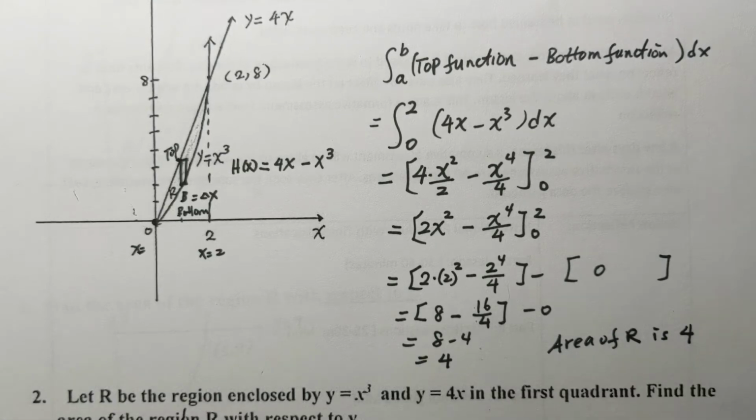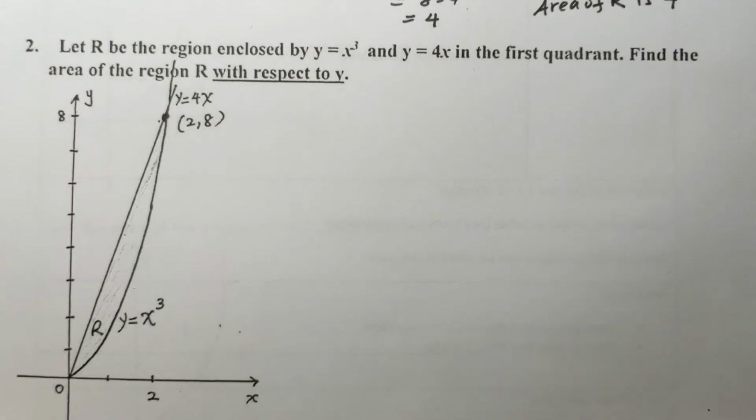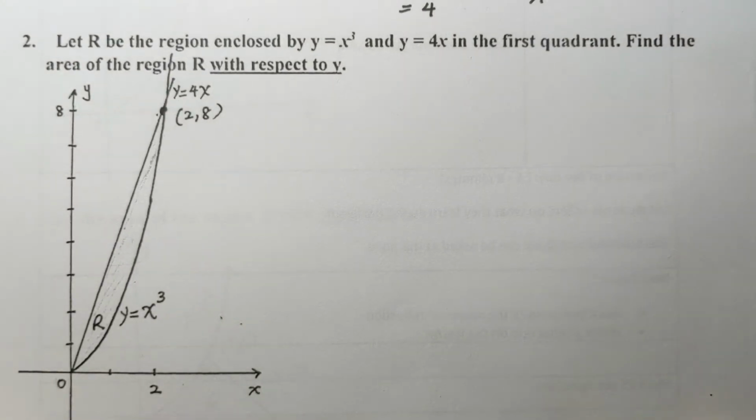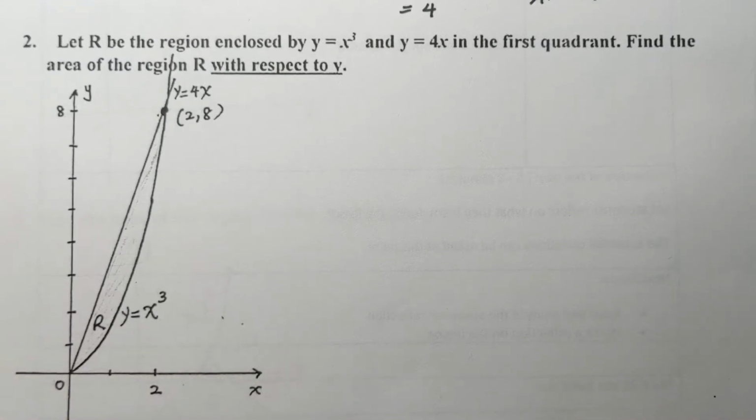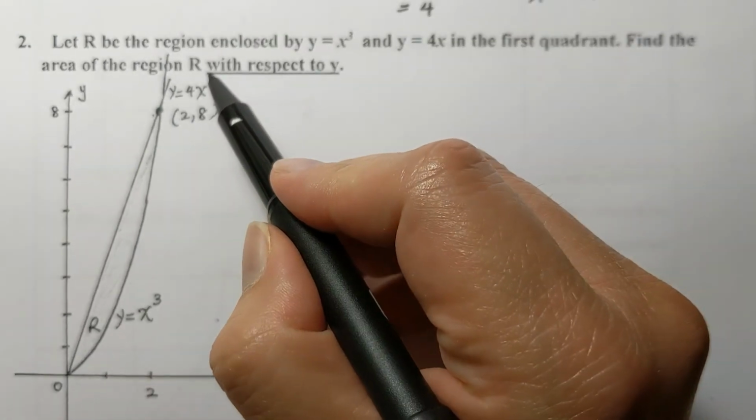Now let's take a look at question number 2. Let R be the region enclosed by y equals x cubed and y equals 4x in the first quadrant. Find the area of the region R with respect to y.